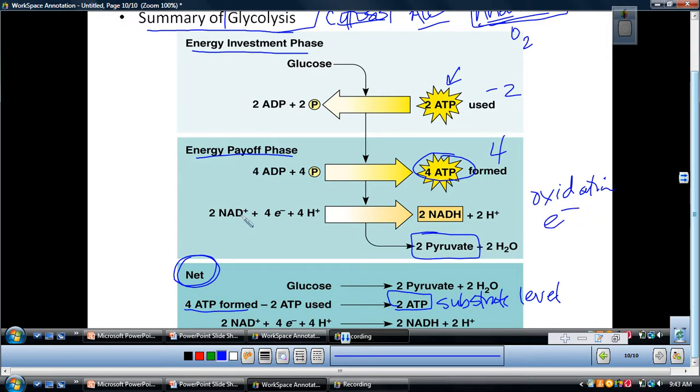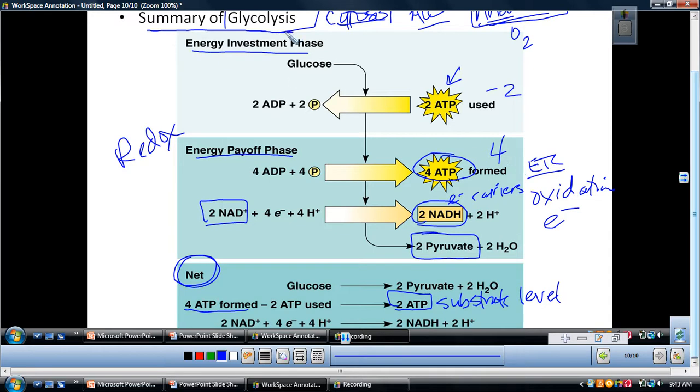So because these are redox reactions, the oxidation is of the glucose, the reduction is of these NAD pluses, and once they're reduced, they become NADH, and these are our electron carrier molecules that are going to play an important role in going to the electron transport chain. The goal of them is to go to the ETC, where they can be utilized through oxidative phosphorylation and chemiosmosis to gain the most ATP.